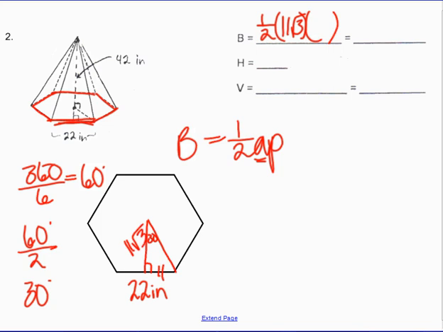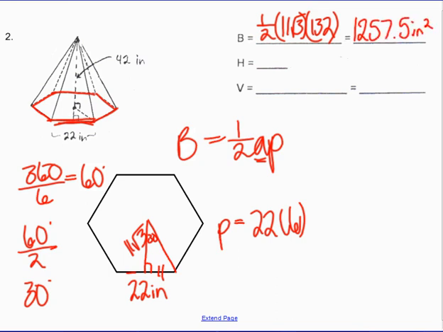And then for my perimeter, to find the perimeter of the base, I take 22 times the 6 sides. So that's 132. When I multiply that, I get 1,257.5 inches squared. And then the height of my pyramid they give me as well is 42 inches.